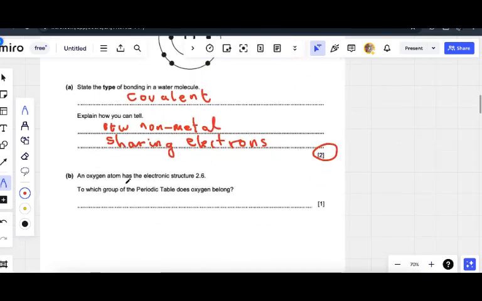An oxygen atom has an electronic structure of 2,6. To which group of the periodic table does oxygen belong?